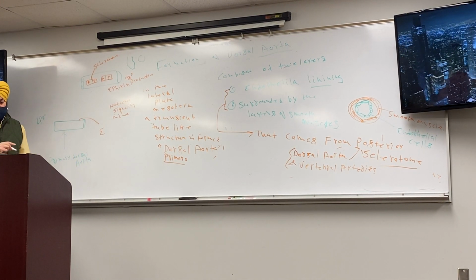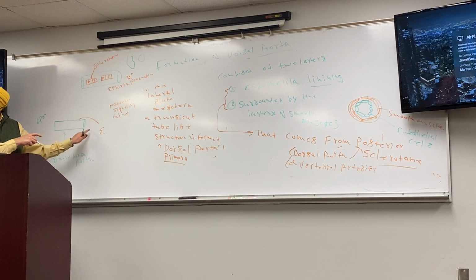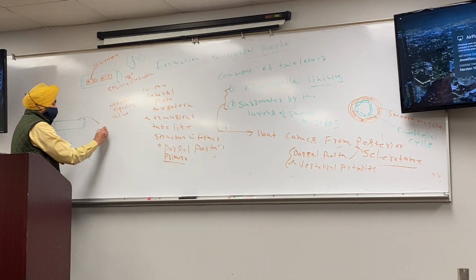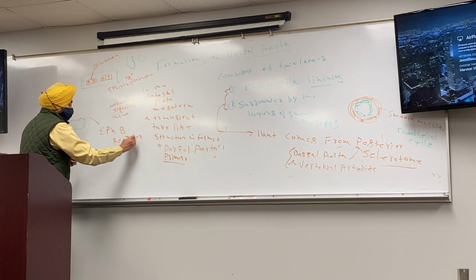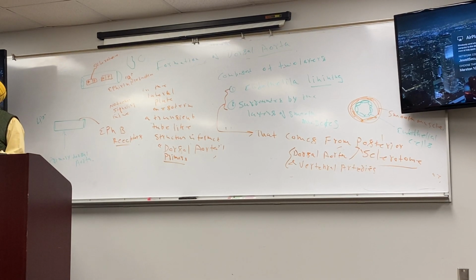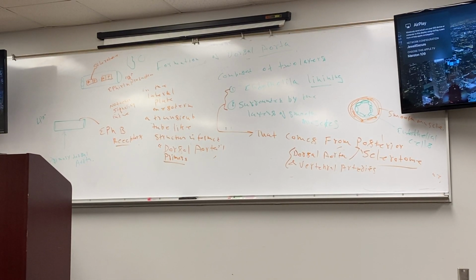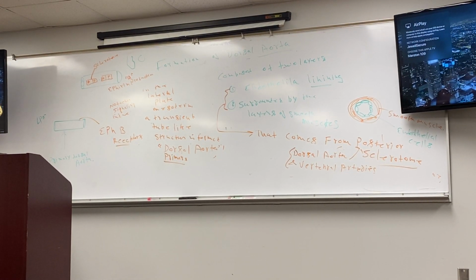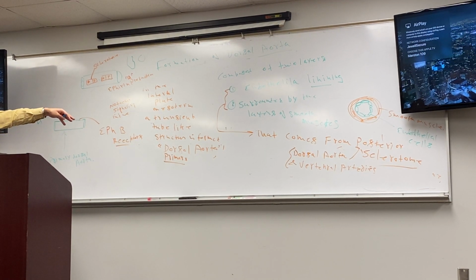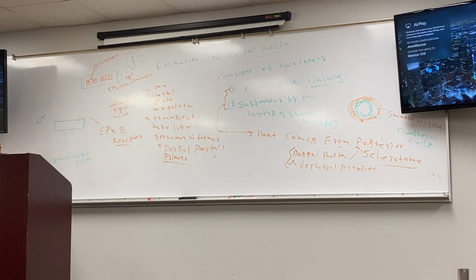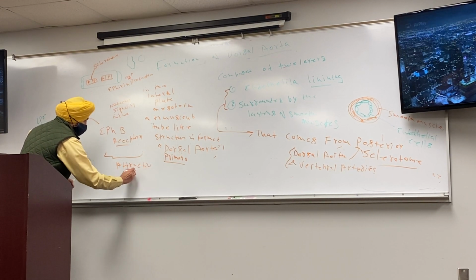Right here in the primary dorsal aorta, these cells start expressing EphB receptors. Now, when we were talking about neurons, there are different types of ephrins, and there we said it's a repulsive signal, right? But in this case, this is an attractive signaling.